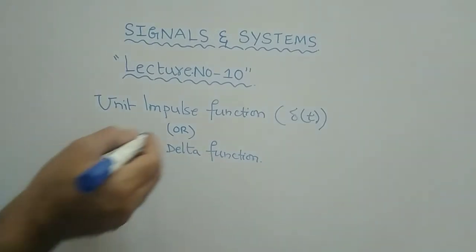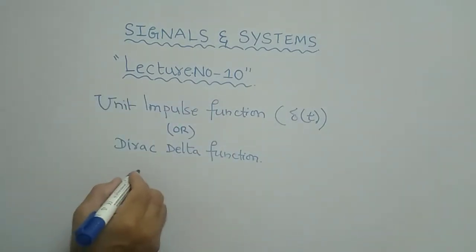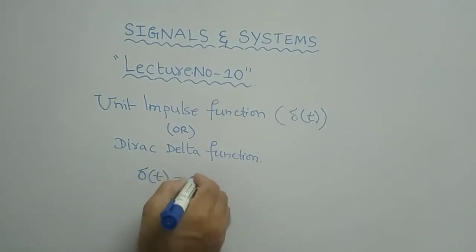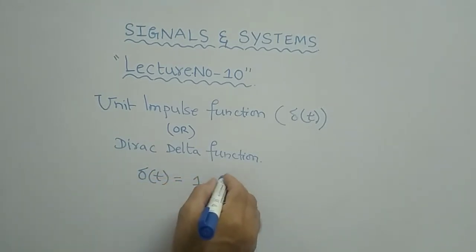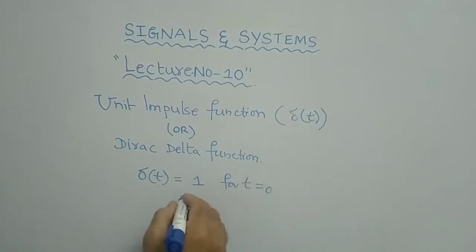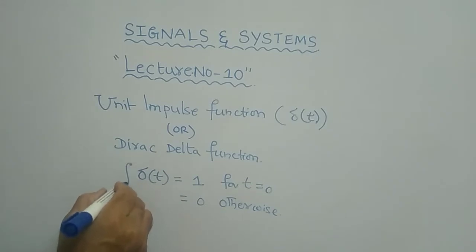Clear? So already we have seen the definition of this unit impulse function in the last presentation. That is, delta of t is equal to 1 for t equal to 0, and it is 0 otherwise. This is the definition of the unit impulse function or Dirac delta function.